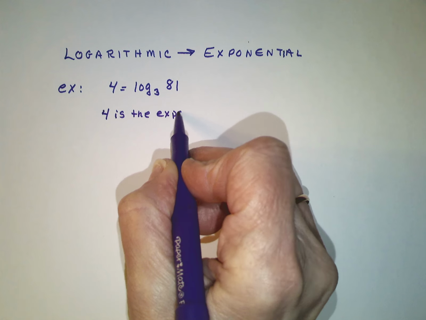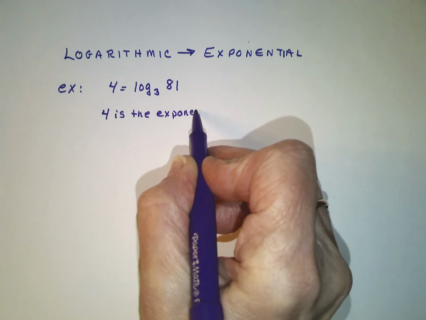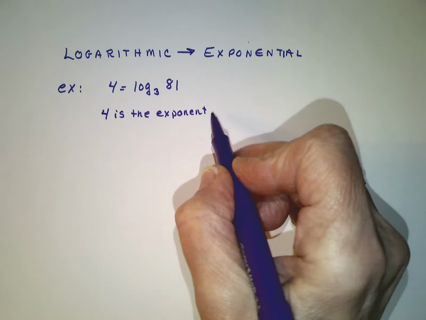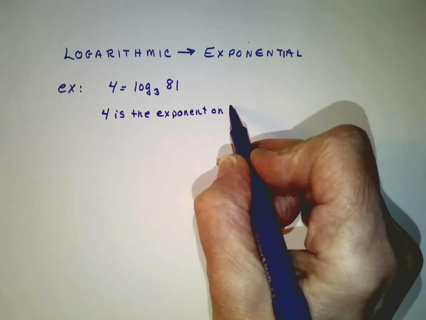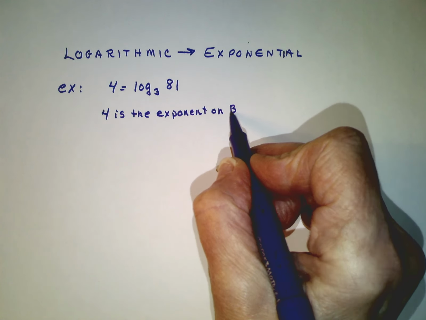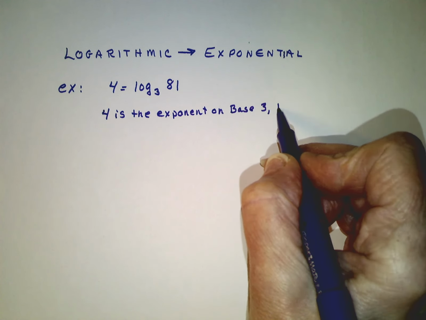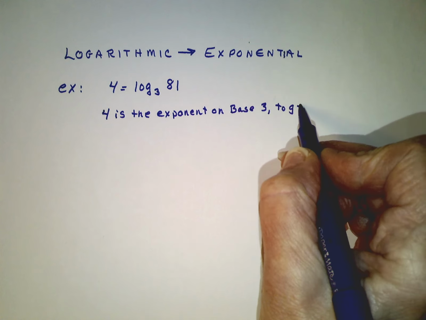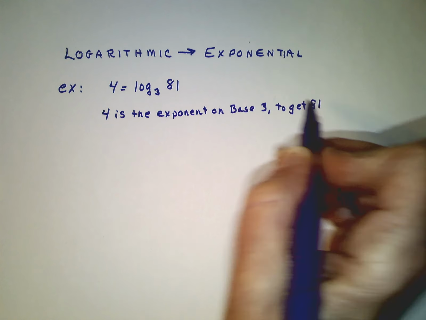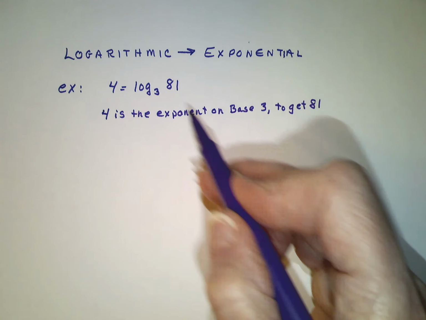So 4 is the exponent on base 3 to get 81. Because remember, this is the answer to the multiplication now.